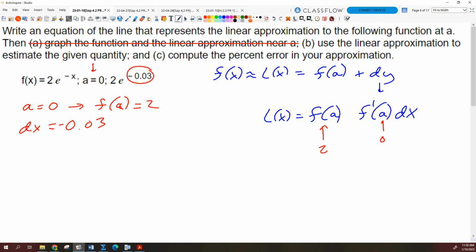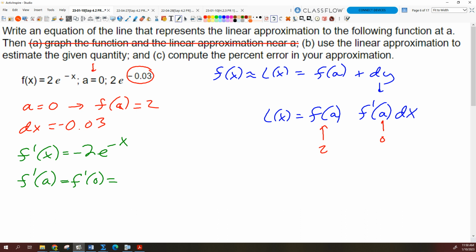So let's calculate f prime. If this is f of x, what's f prime of x? There you go, negative 2 e to the negative x, sorry. Okay, so therefore f prime of a, which is just f prime of 0, is what?